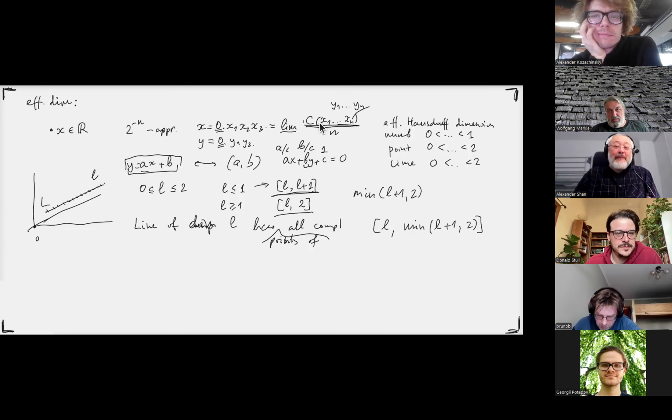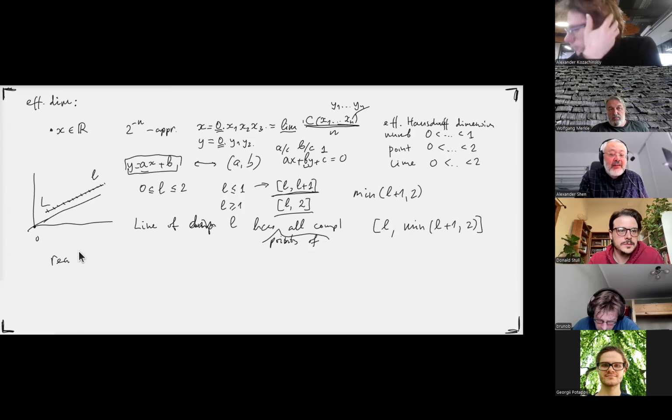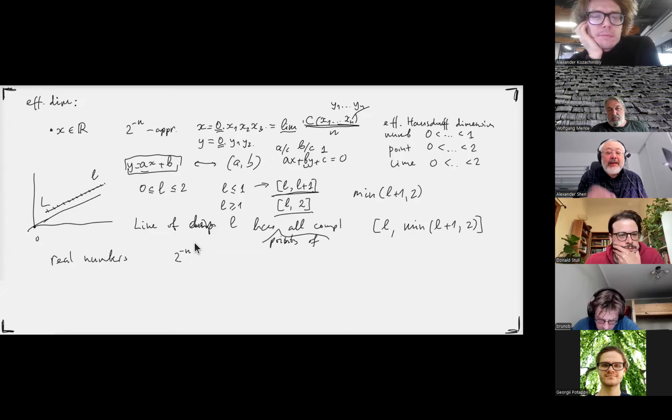So first, the finite case can be understood in different ways. First option is we still consider real numbers, but just consider the complexity of 2 to the minus n approximation for some n, which is a parameter.